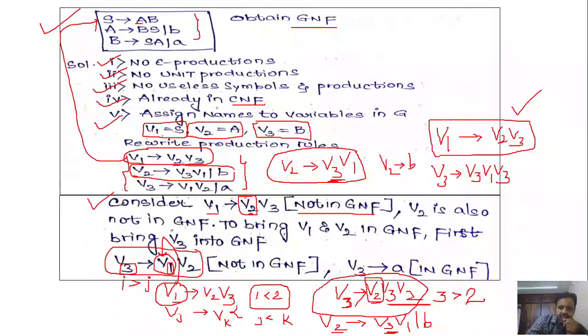Then next, for V2 we are having one more value, that is B. So we have to substitute this in place of V2 in the V3 production rule. So you will get one more production, that is B, V3, V2.